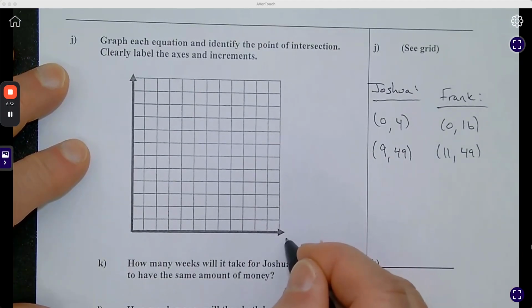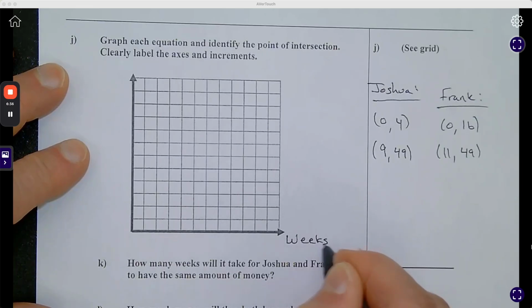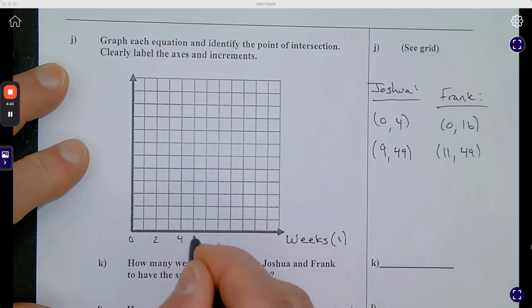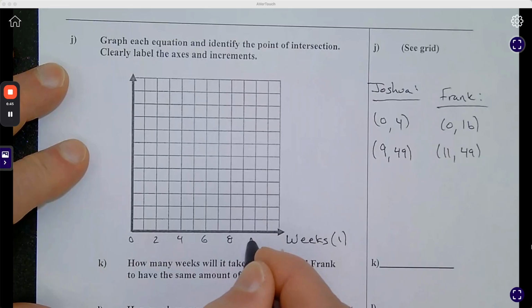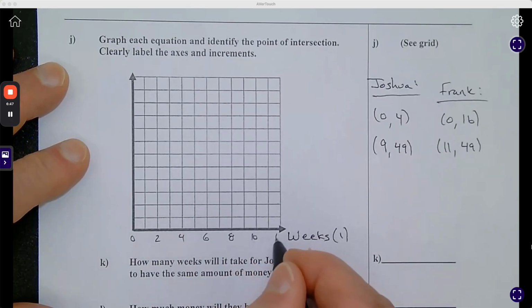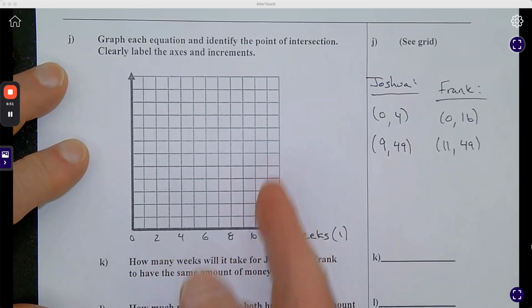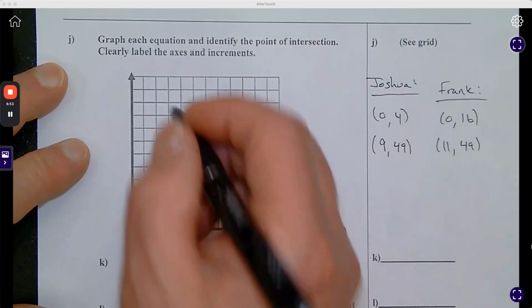So here's time in weeks. I'm going to do increments of just 1. 0, 1, 2, 3, 4, 5, 6, 7, 8, 9, 10, 11, 12. So that'll work out nicely. 9 and 11, and then we're going to go to 49.